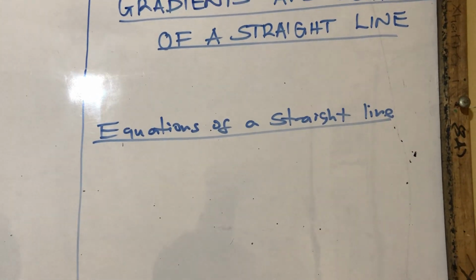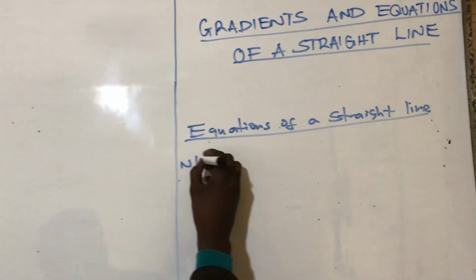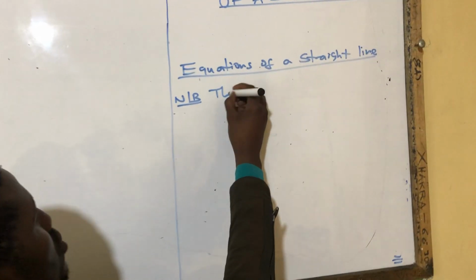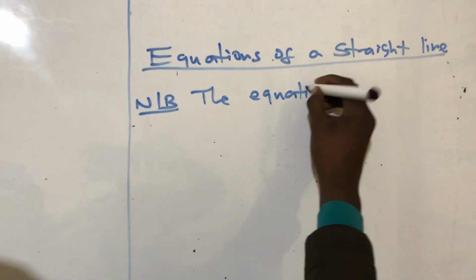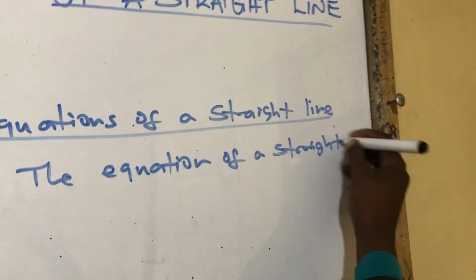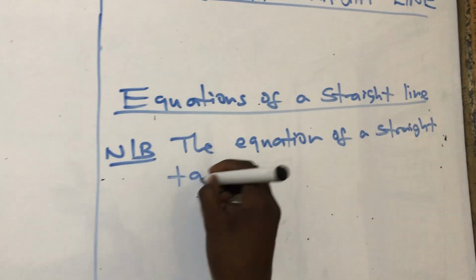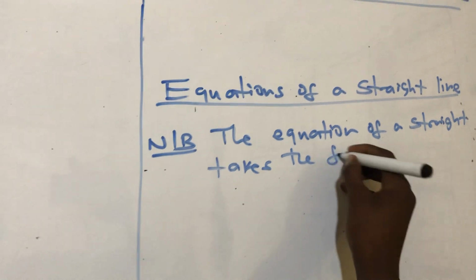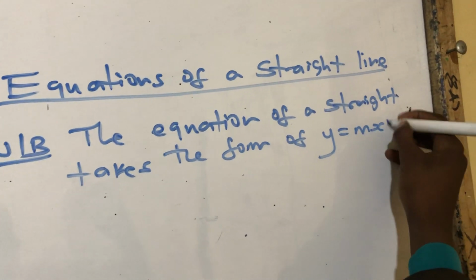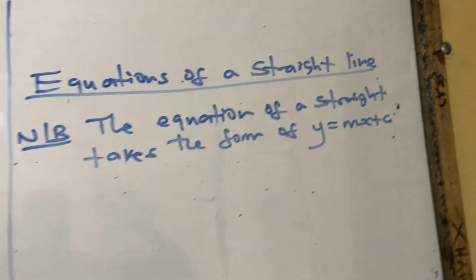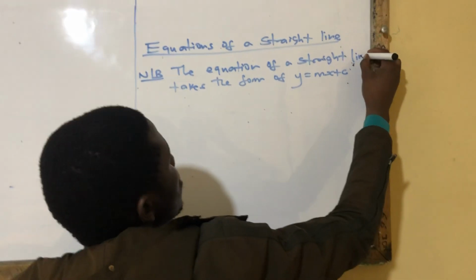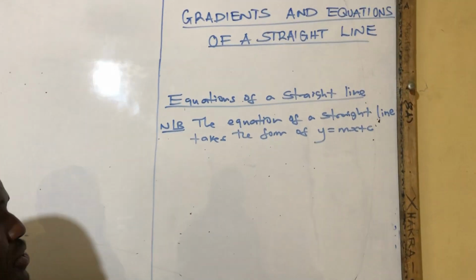Before we get into this one, do take note of this. The equation of a straight line takes the form of y is equals to mx plus c.